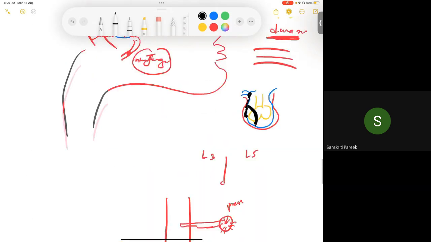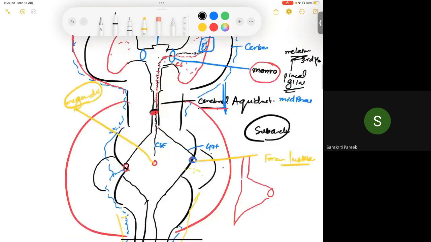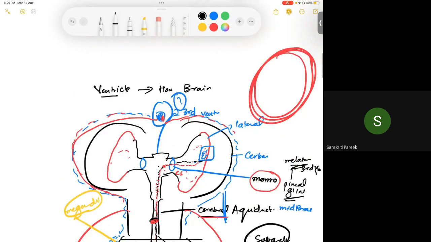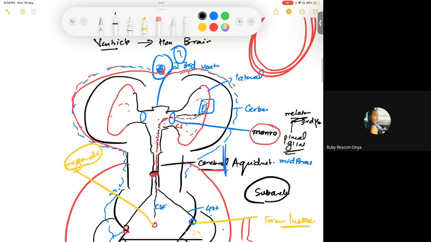And the same is the case with CSF. We have to make CSF, and we have to drain out CSF as well. CSF is present within the subarachnoid space, but when it comes to reabsorption, we have to push CSF into the sagittal sinuses, between the dura, what you are saying.